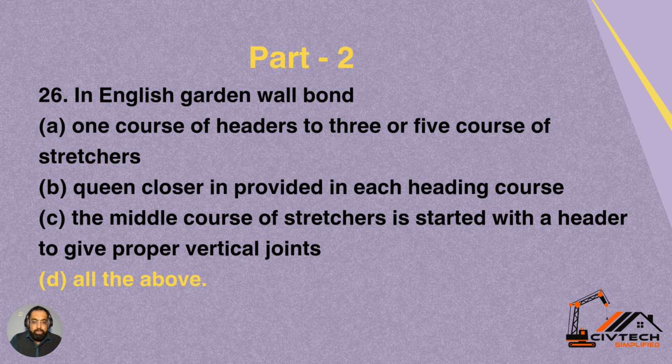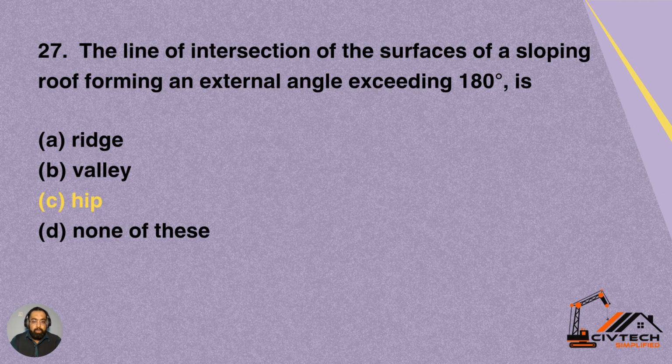C. The middle course of stretchers is started with a header to give proper vertical joints. D. All of the above. So all these are the parameters which should be taken in mind and should be considered while preparing English bond garden walls. So option D, which is all of the above, is correct for this question.